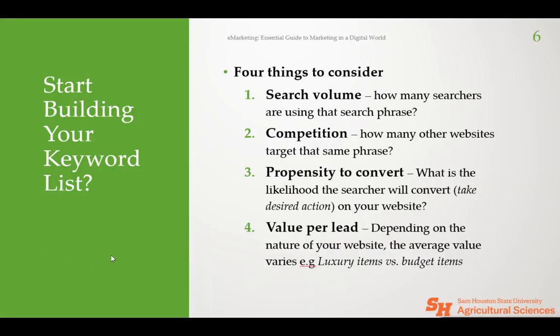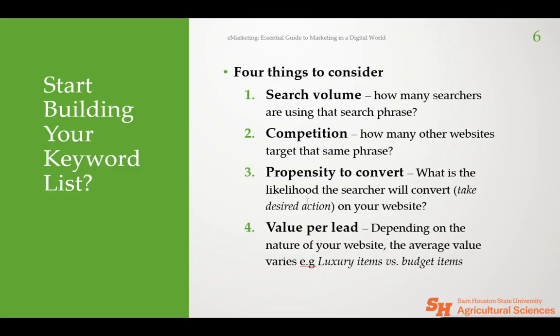Start building your keyword list. So remember, we've got a few things to consider here. We're going to look at the search volume, how many searchers are going to be using that search phrase. And competition, how many other websites might target the same phrase you have in mind. Propensity to convert.